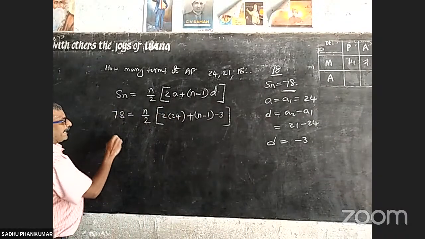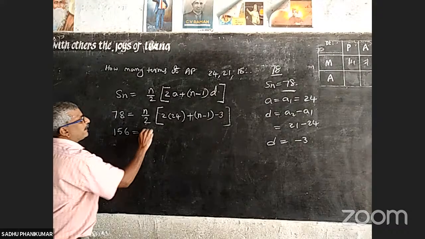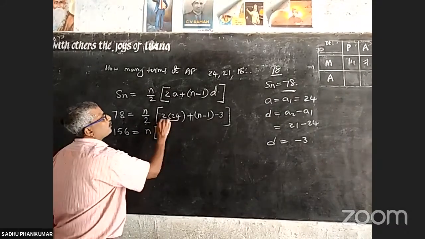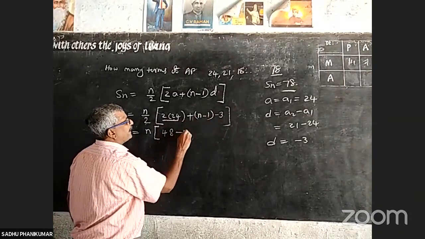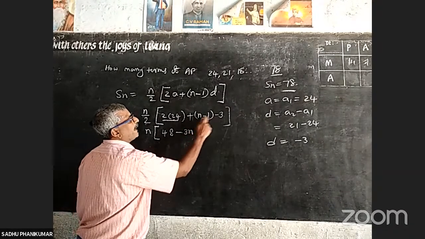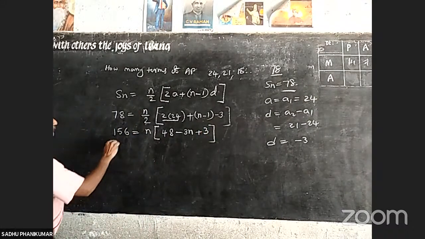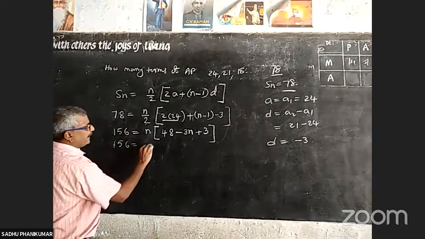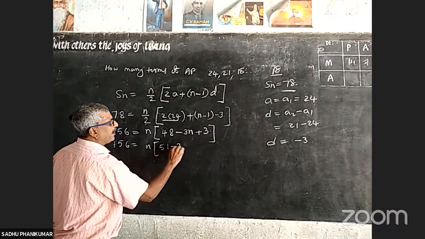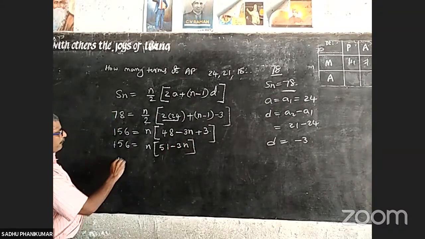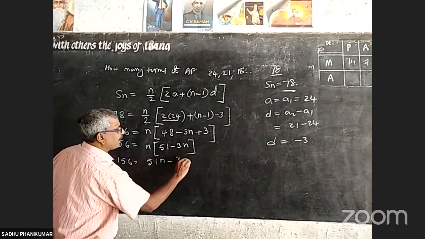Okay, take this 2 to the other side. 78 2s are 156 is equal to n into 24 2s are 48, minus 3 into n, minus 3n. Minus into minus, plus 3 1s are 3. So 156 is equal to n into 48 plus 3, 51, minus 3n. So 156 is equal to 51n minus 3n squared.